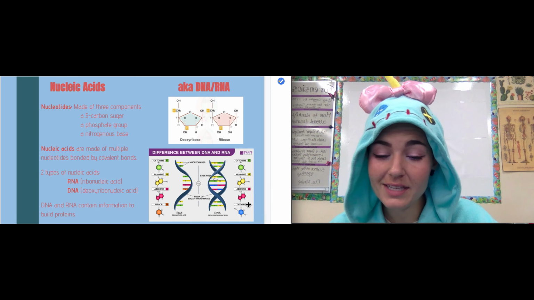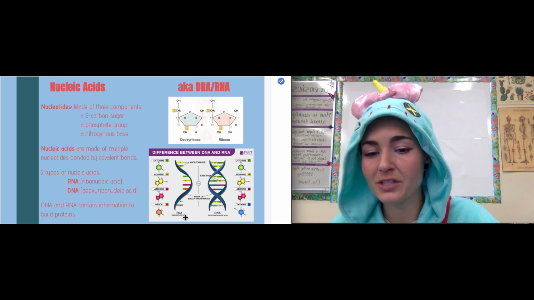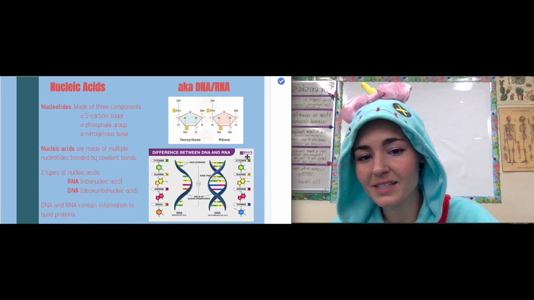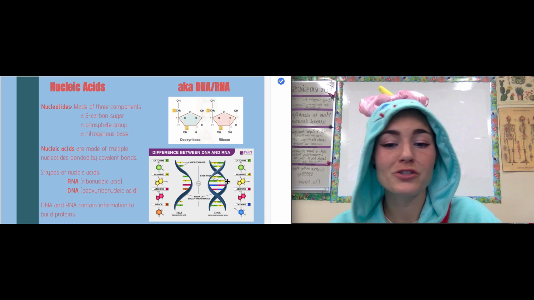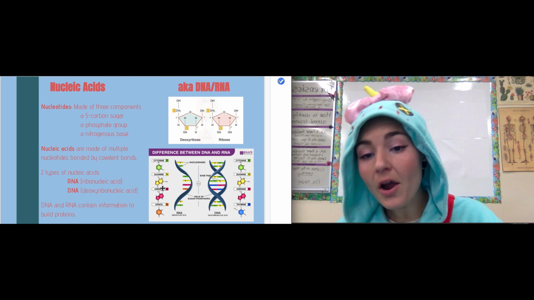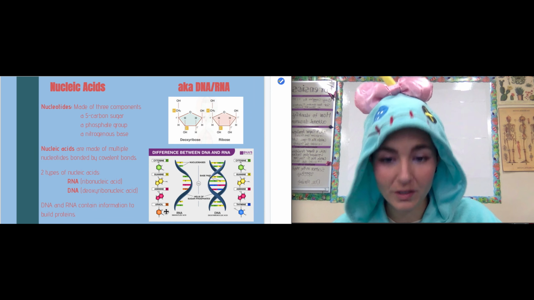And we'll get more into this as we go through the cell more in depth. But essentially, you just need to know DNA is C, G, A, and T, and DNA has 2 strands. RNA is C, G, A, U, and it has 1 strand.